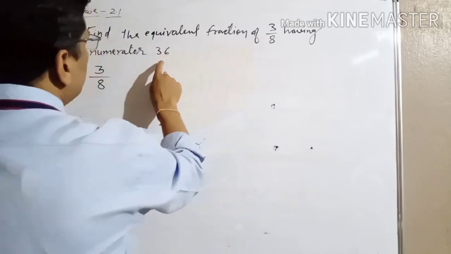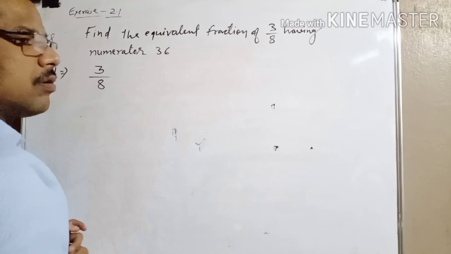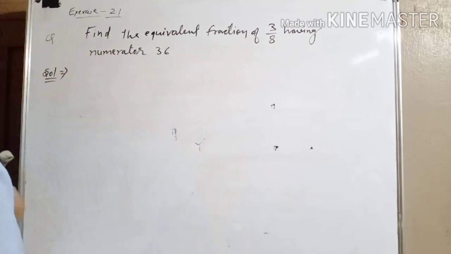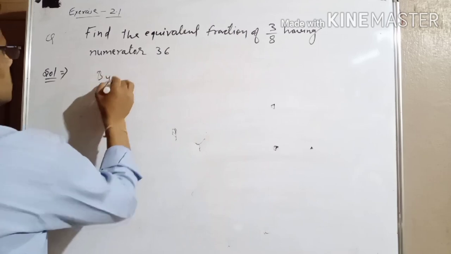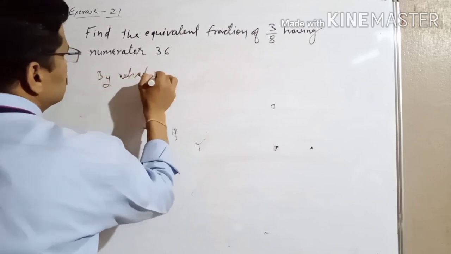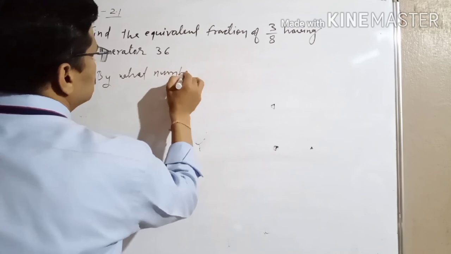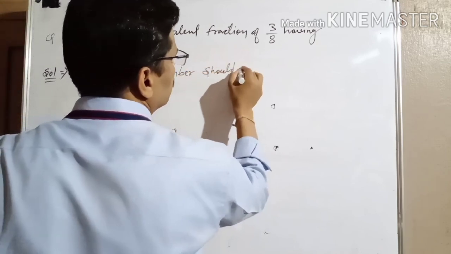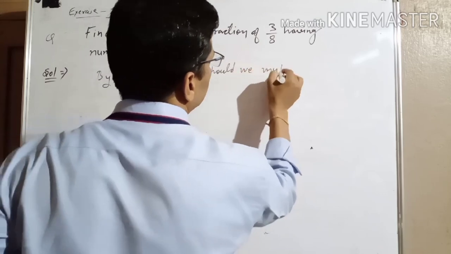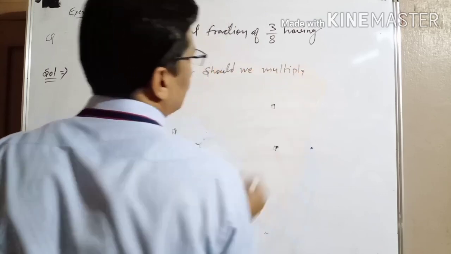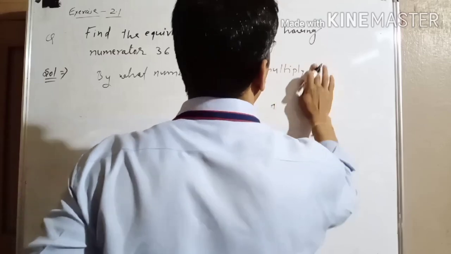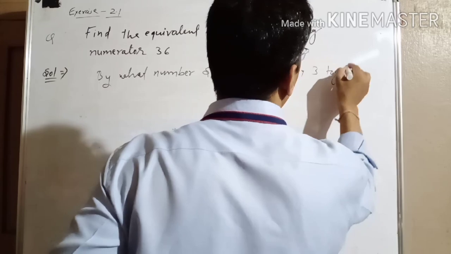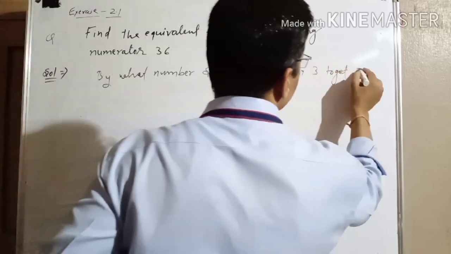Here, the desired numerator is greater. So what number should we multiply 3 by to get 36?